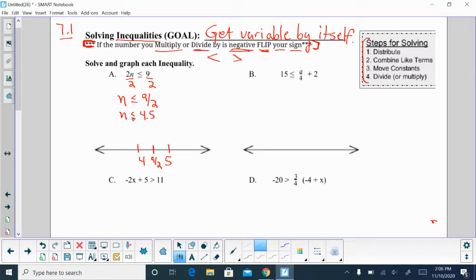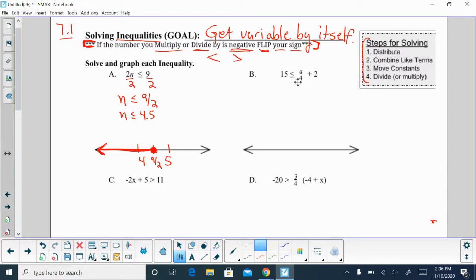So for n, I need to shade everywhere that n would be less than or equal to 4.5. Because of the equal sign, I have a closed circle, and I would want to shade to the left. Everything to the left of that 9 over 2 would work as a solution for this inequality. Yay!